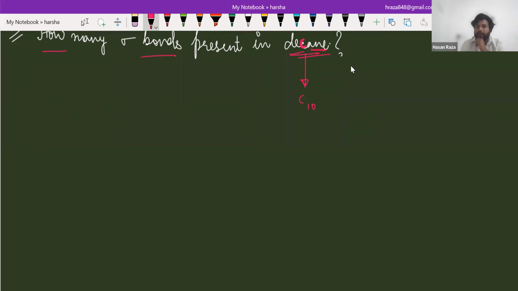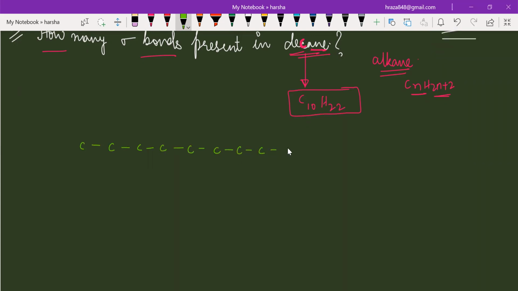Since it is an alkane, we use the general formula CnH2n+2. Whatever the number of carbon, the number of hydrogen will be double plus 2, that means C10H22. Now see, it's very easy. We have 10 carbon, all singly bonded. I'll just check it: 1, 2, 3, 4, 5, 6, 7, 8, 9, and then 10.